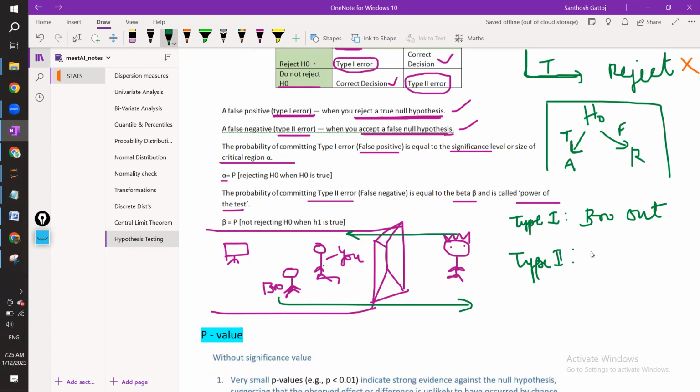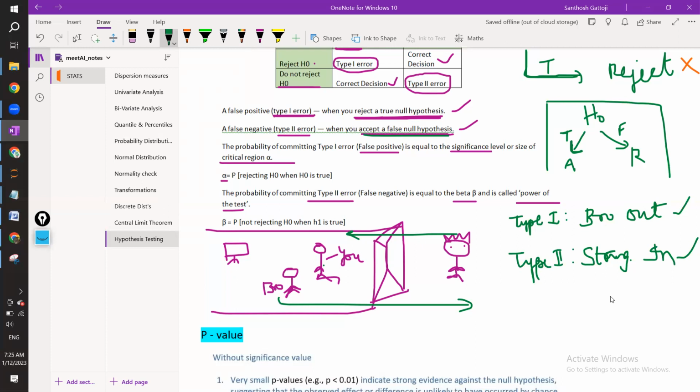Type 2 is stranger in. See, type 1 is rejecting a true null hypothesis, that means your brother you are sending out. Type 2 is accepting a false null hypothesis, that means you don't know this guy, but you are accepting him inside the house. Type 2 is stranger inside.